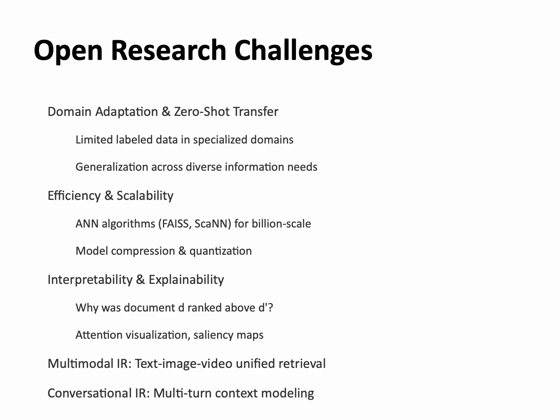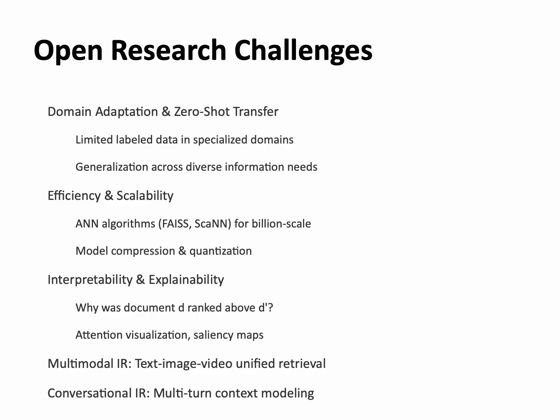Three main challenges remain. First, domain adaptation. Models trained on web search don't transfer well to specialized domains with limited training data. Second, efficiency. Searching billions of documents requires fast approximate algorithms and model compression to meet latency requirements. Third, interpretability.